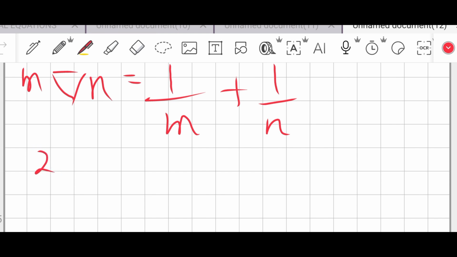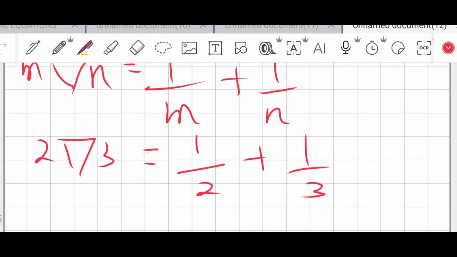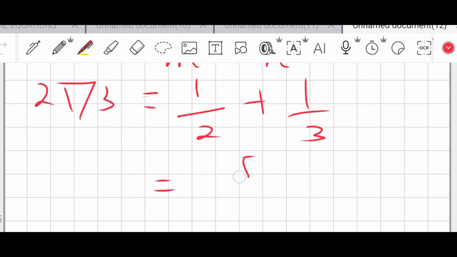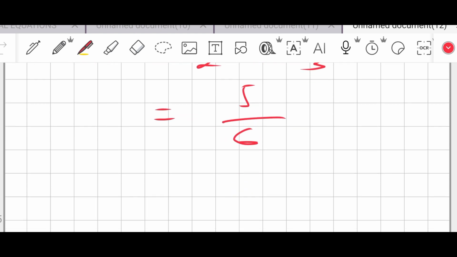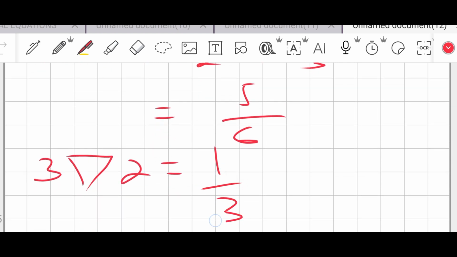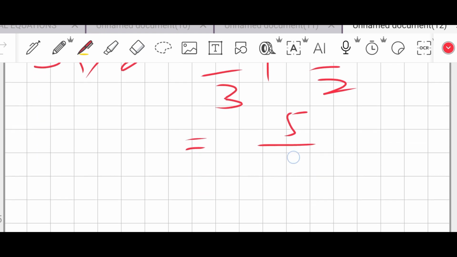So 2 operation 3 gives us 1 on 2 plus 1 on 3. Adding the two, we have 5 on 6. Then 3 operation 2 gives us 1 on 3 plus 1 on 2, which is the same, giving us 5 on 6.